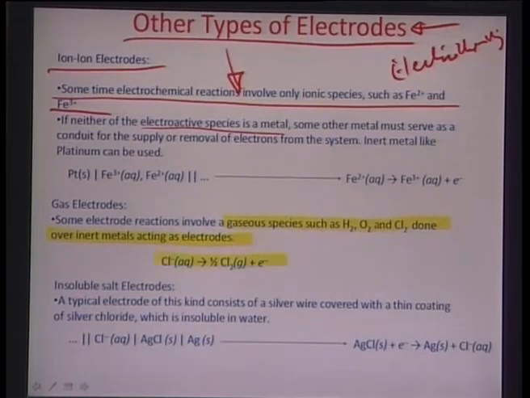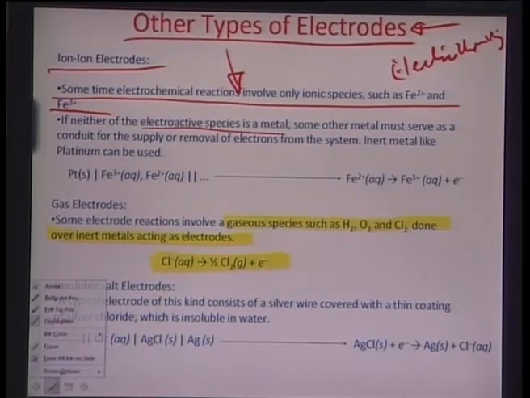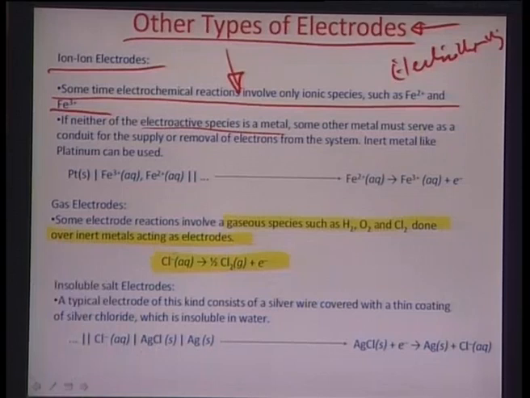If you look at this particular reaction, what is happening is an oxidation process, wherein the chlorine which had a minus charge here is getting converted into a zero valent state, or gas form, at the cost of one electron. One electron is eliminated from the chlorine, so it is an oxidation process essentially.